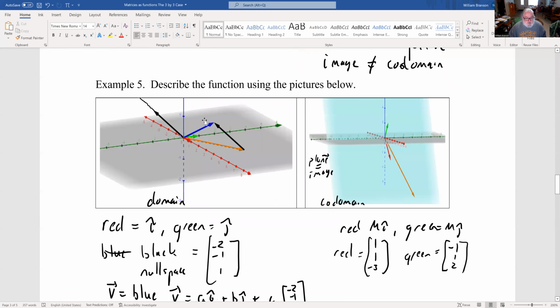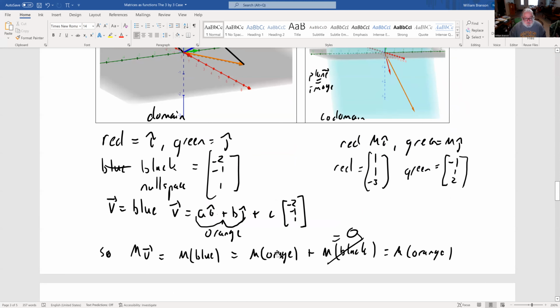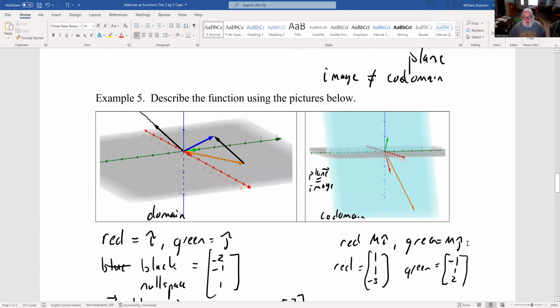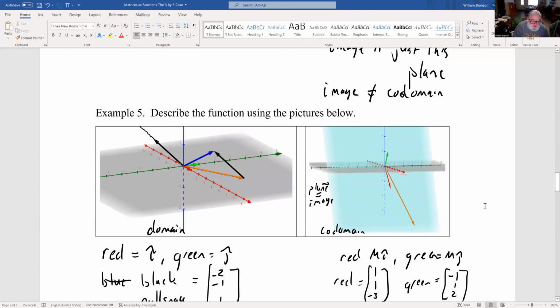So the blue vector and the orange vector differ only by a vector that's in the null space. And so they go to the same place, right? Blue is orange plus black, but black goes to 0. So m times blue equals m times orange. And that's this vector down here.